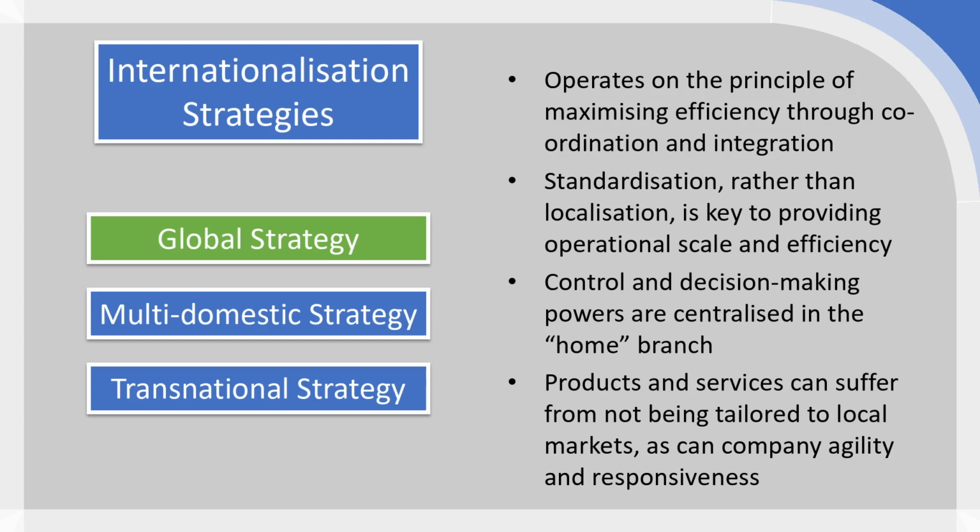So the key thing to remember about a global strategy is that you want to standardize instead of localize. With a large amount of localization, you won't unlock global operational efficiency nearly to the same degree as when you focus on standard products and services sold across all locations.